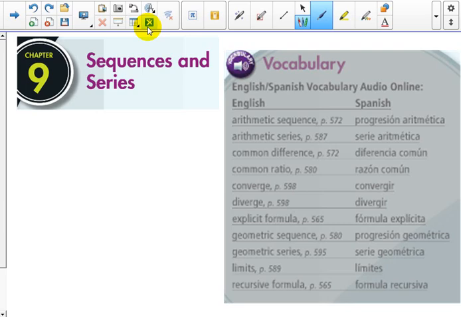I love Spanish. So the great thing is that in the school we have a lot of students that are bilingual, that their second language is Spanish. So this textbook has excellent Spanish resources.